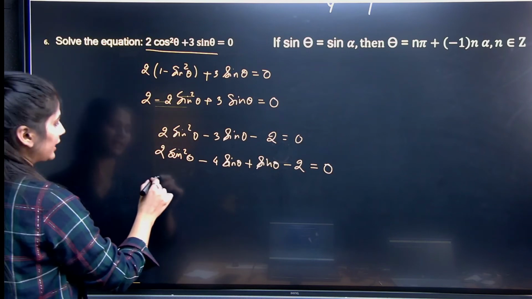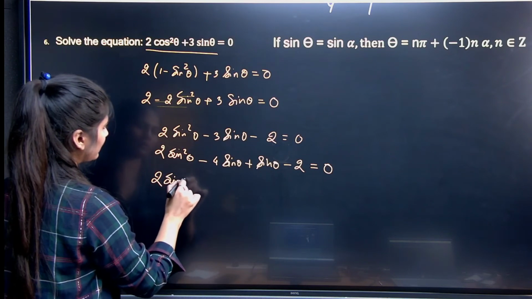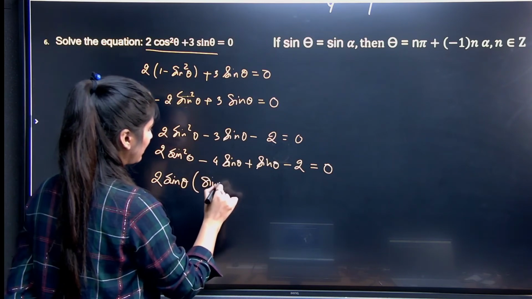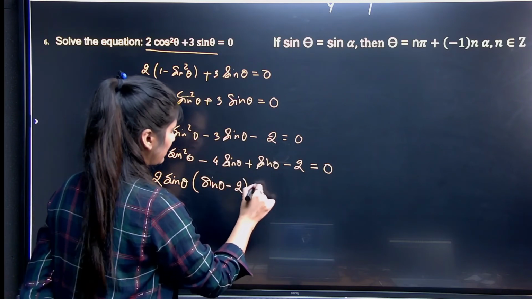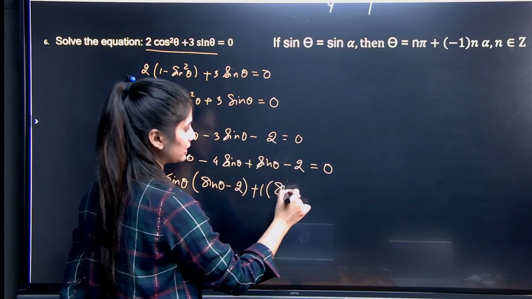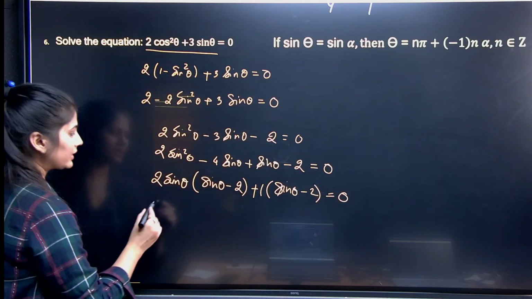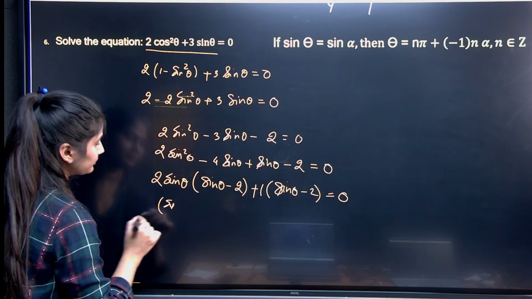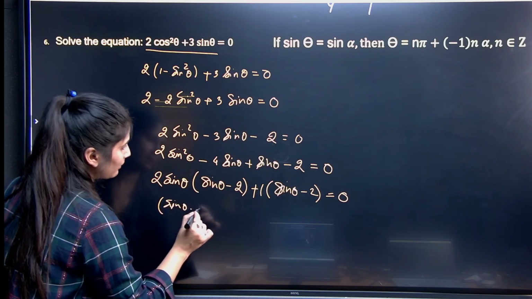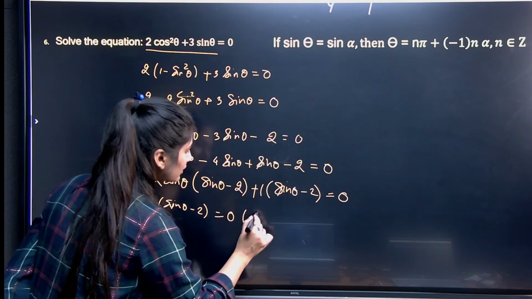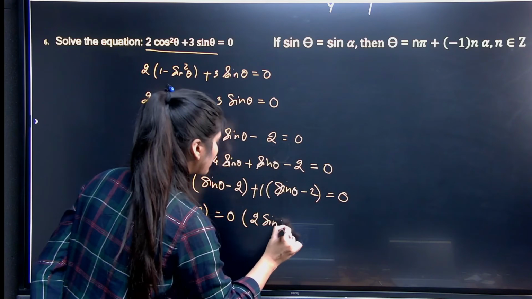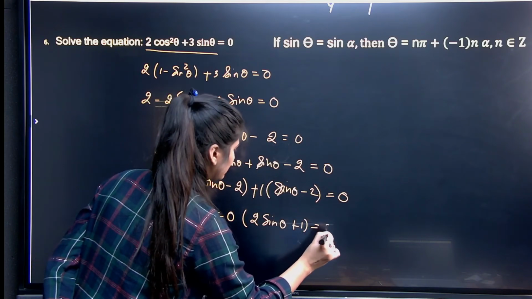If I take 2 sin theta common, then it is sin theta minus 2, and again here sin theta minus 2. Got it? Now it is sin theta minus 2 is equal to 0 or 2 sin theta plus 1 is equal to 0.